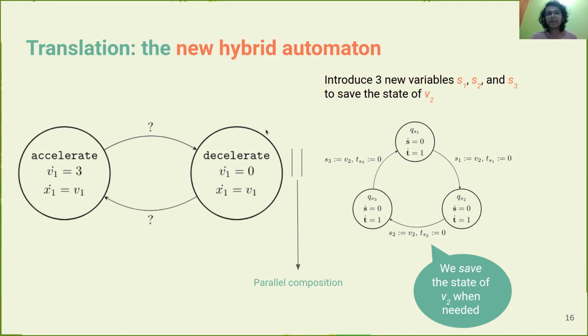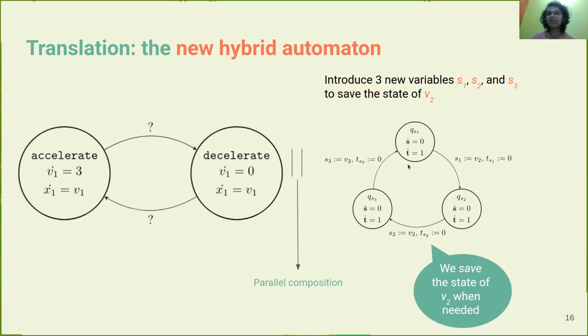It evolves independently from this automaton here, and we simply save the state or the value of V2 within this automaton here, so that we can use the saved value of V2 in the past within the guard conditions of our automaton.